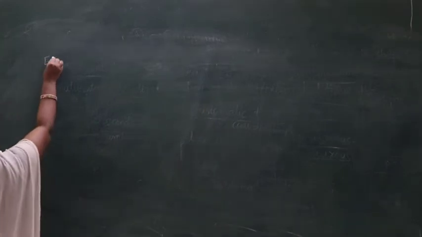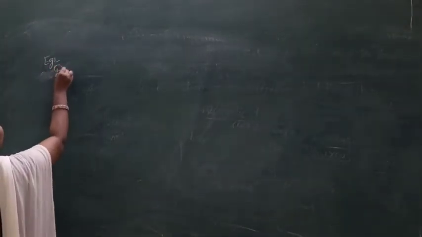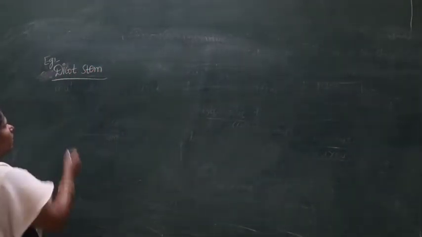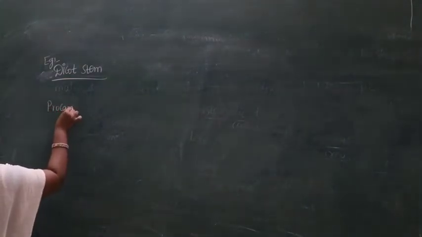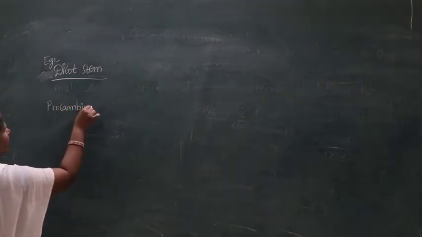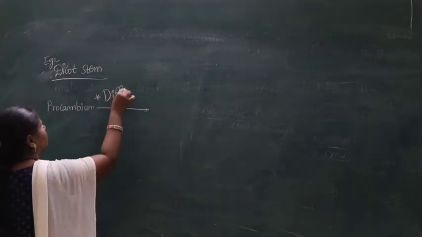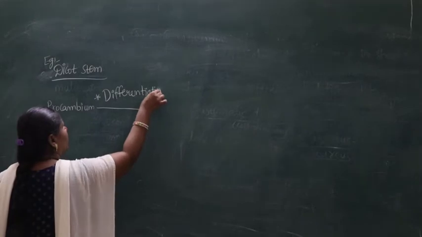Examples. Let us talk about examples. Now, if you take secondary growth, you can take the example of dicot stem. What happens in dicot stem? Initially procambium undergoes the process called differentiation and produces what?